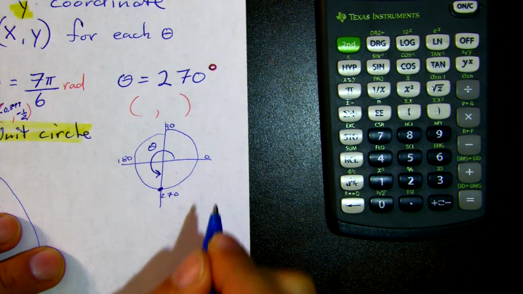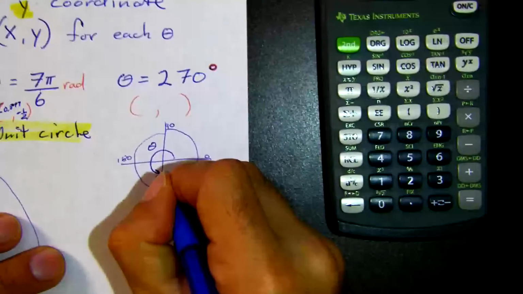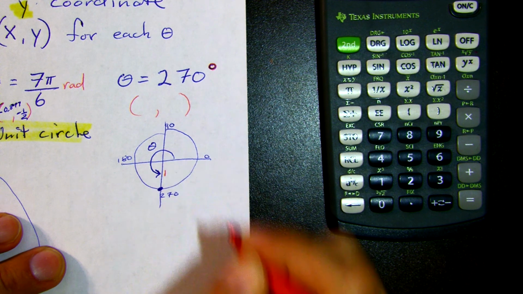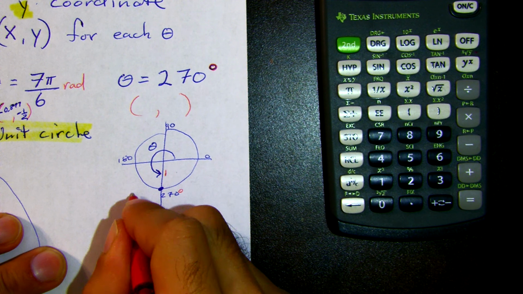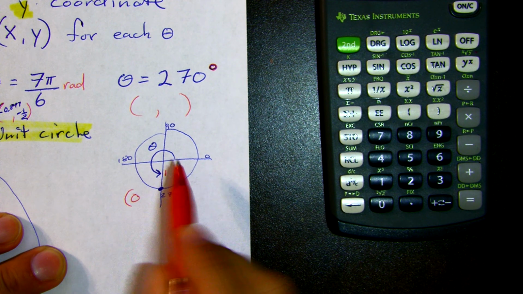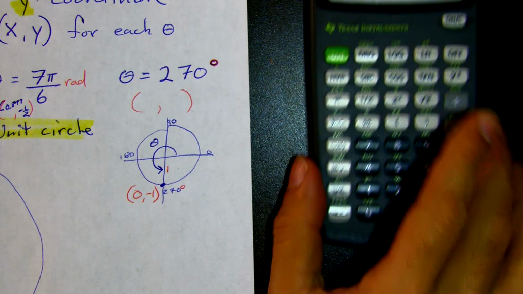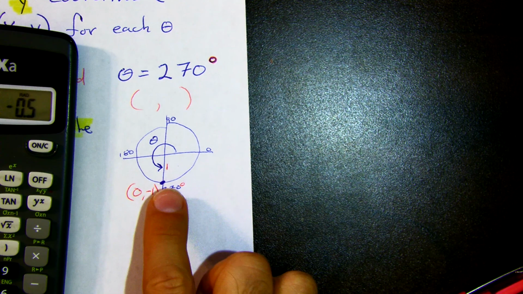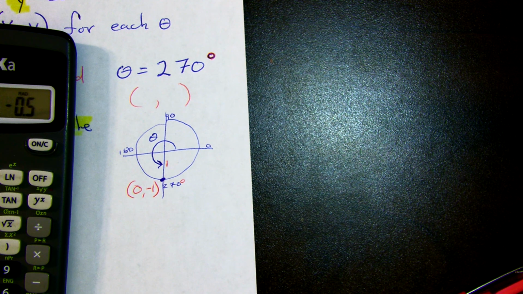What we're doing is finding where the point is on the circle at that measurement of theta. Because this is a unit circle, this point at 270 degrees should be 0 for x, no movement left to right, and -1 for y. Let's see if that works when we use our calculator. We're finding where on the circle we end up when we have that theta.